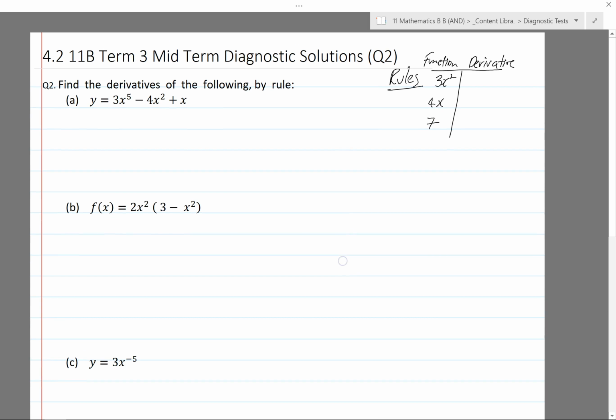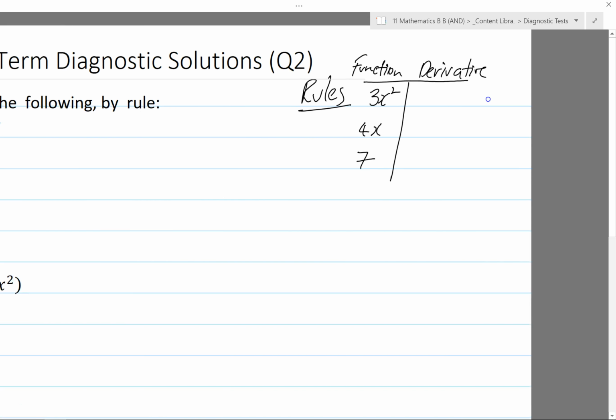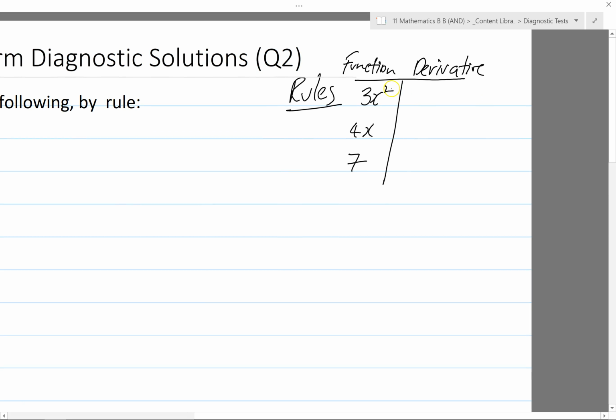So differentiation by rule, the main rules you need to remember, if I'm differentiating something like 3x squared, okay, I'll multiply the power by the number at the front, so 3 times 2 gives me 6, and then reduce the power by 1. So it was 2, now I'll write a 1 there, probably leave that off.